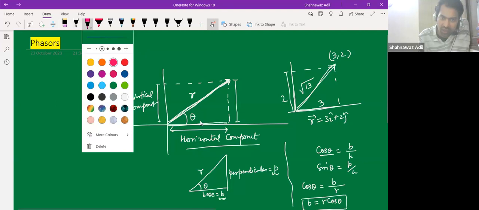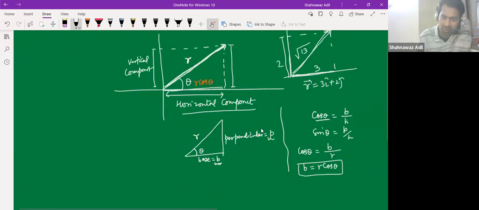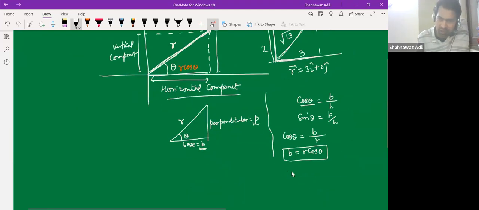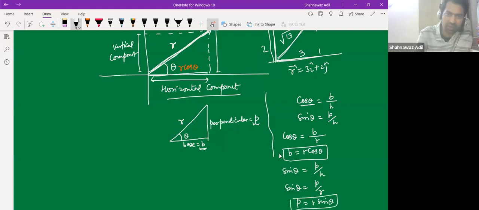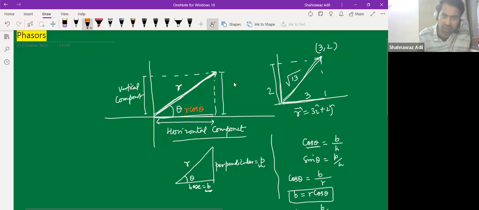Similarly, sine theta is perpendicular by hypotenuse, so sine theta is p by r, so p is r sine theta. We can write the vertical component as r sine theta.